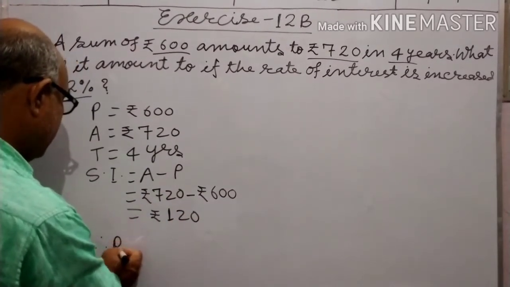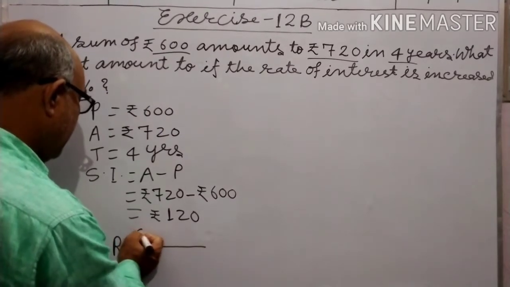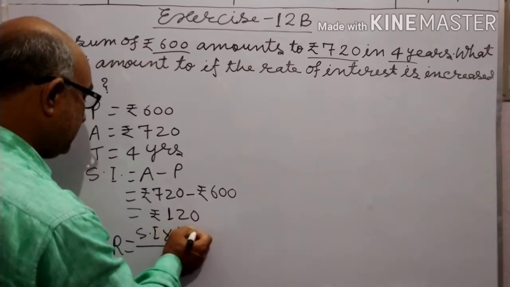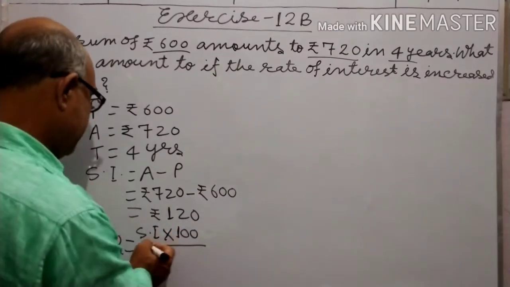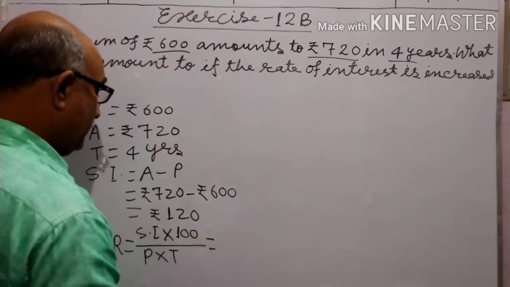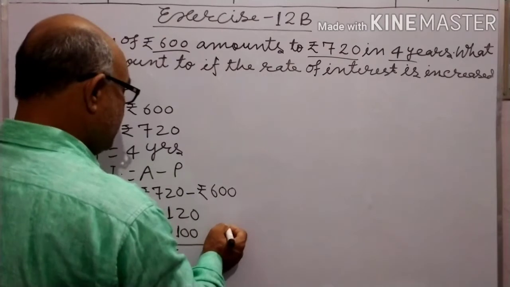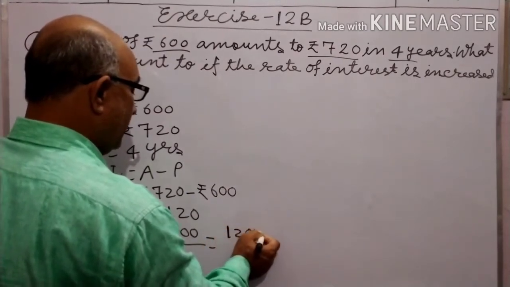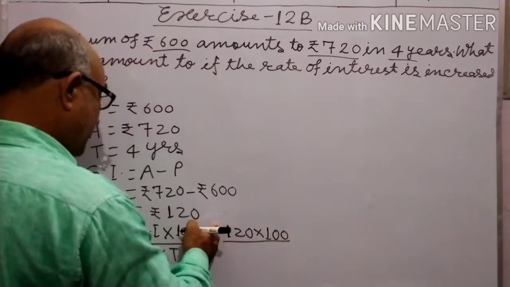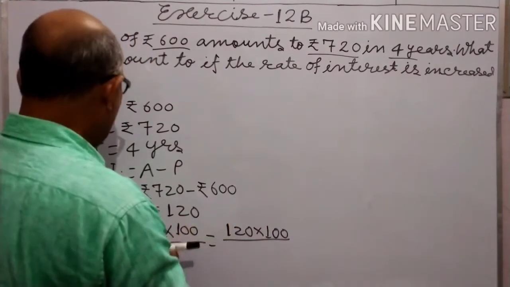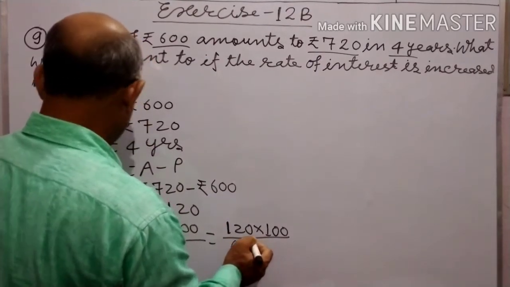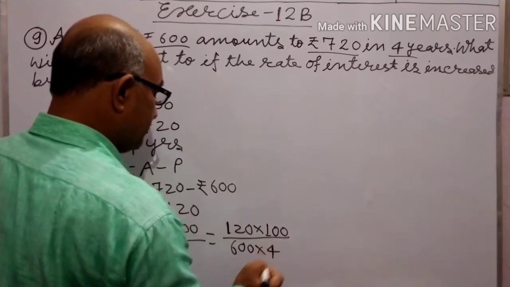Now find rate. R equal to SI into 100 by P into T equal to SI 120 into 100 by P is rupees 600 into T is 4 years.